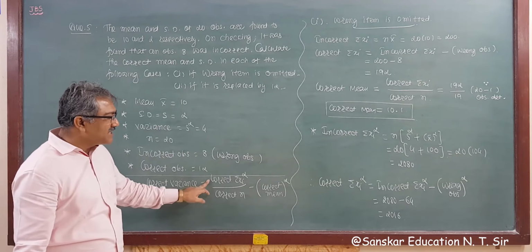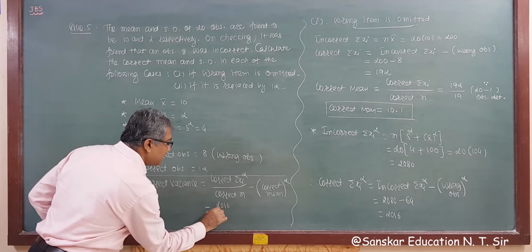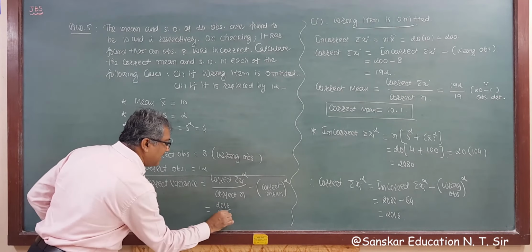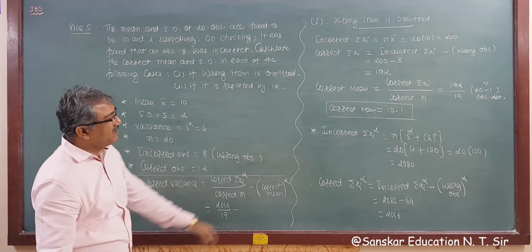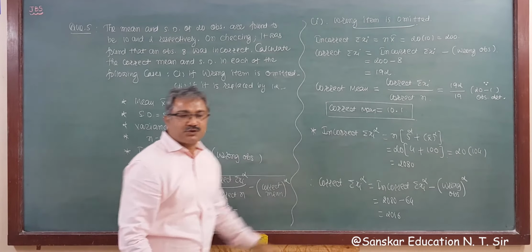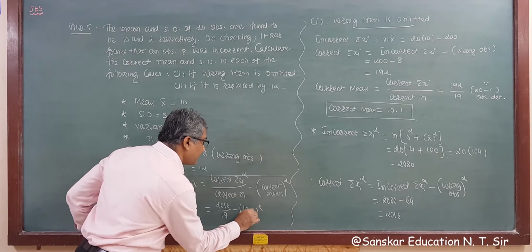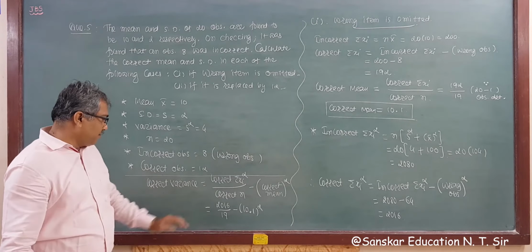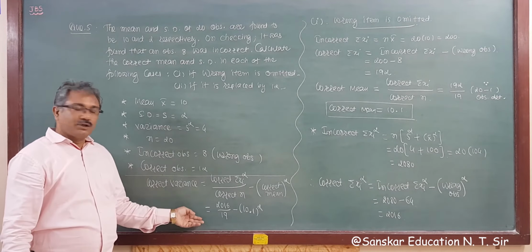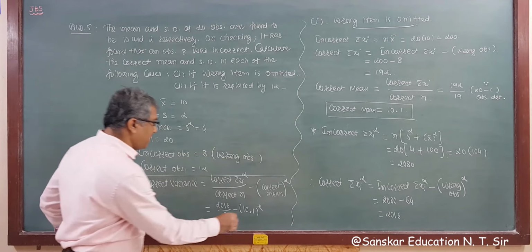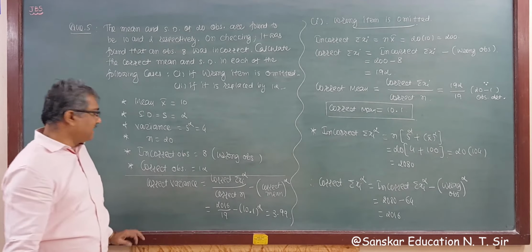Now the correct sigma xi square is 2016, so this is 2016 divided by the correct n, which is 19, minus the correct mean 10.1 whole square, right? I have no space, so you have to calculate this. I think the answer will be 3.99, which is your correct variance.